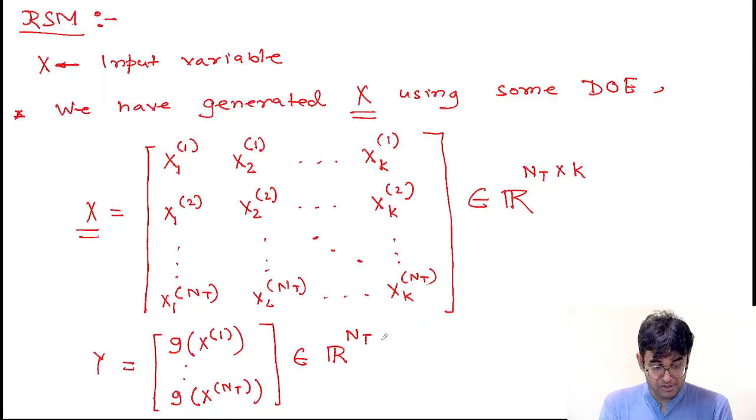So this is what is given to us. Now what do I want to do? My objective is to learn a mapping from x to y, and that mapping should represent g(x) as closely as possible.